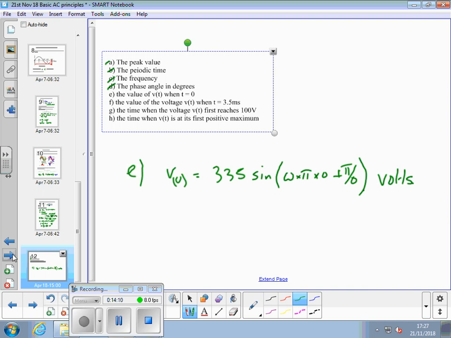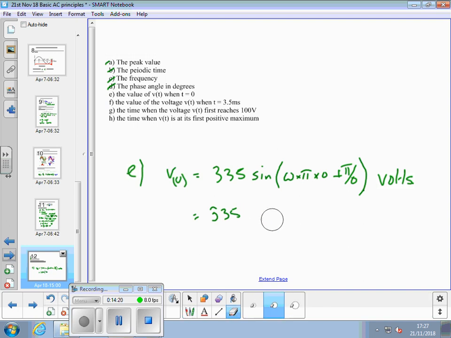Omega times pi times nothing is nothing. So that must equal 335 times the sine of pi over 6. Whatever that comes out to.